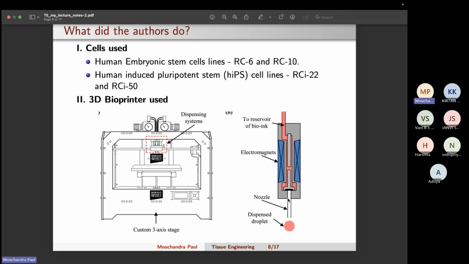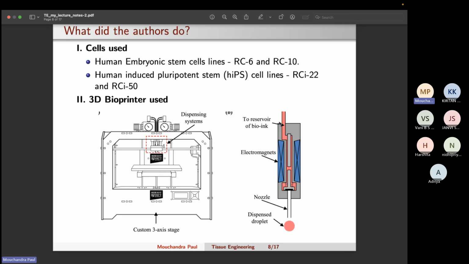When the electromagnetic field is there, the nozzle is controlled by some valve. That valve will open in the presence of the electromagnetic field, and when it is removed, that valve will close. So depending on how fast the valve is opening and closing, the drops are getting dispensed.